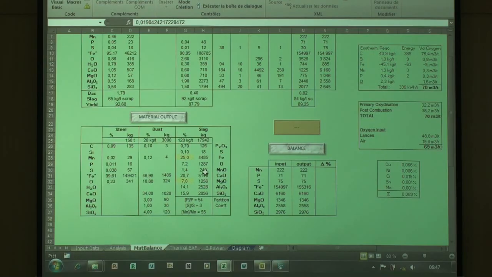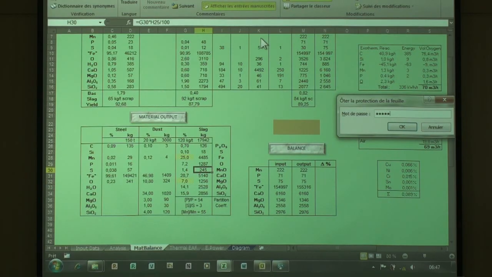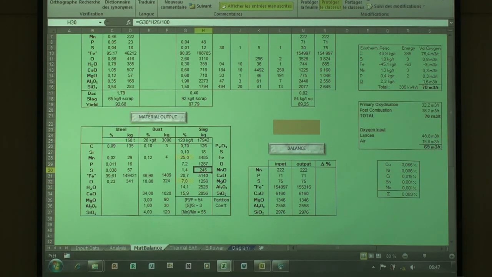So in fact, you see the mangan here, the MnO, is given by the amount of slag times the content, and this is given by this value times this value.